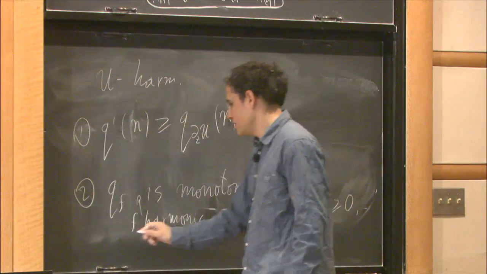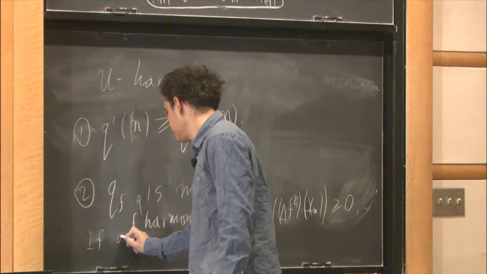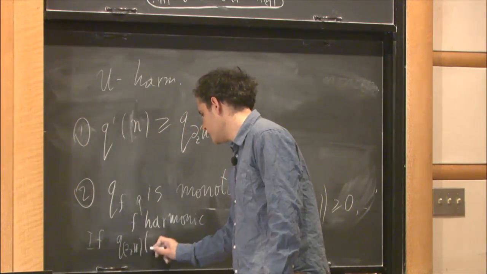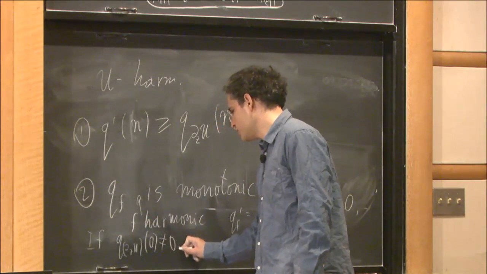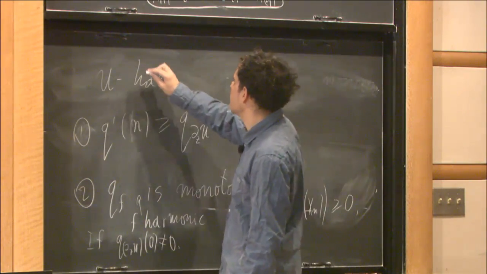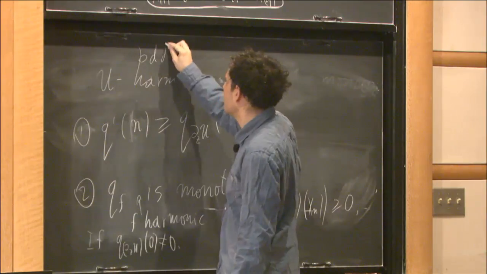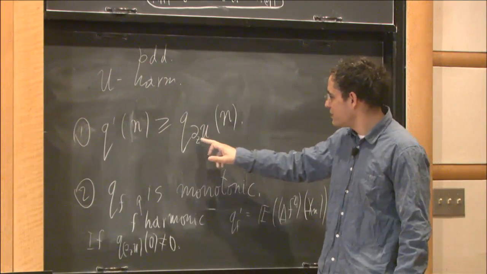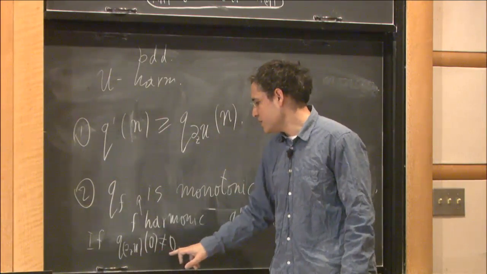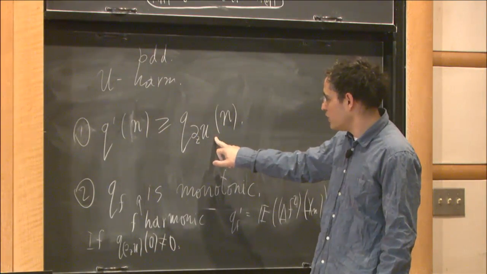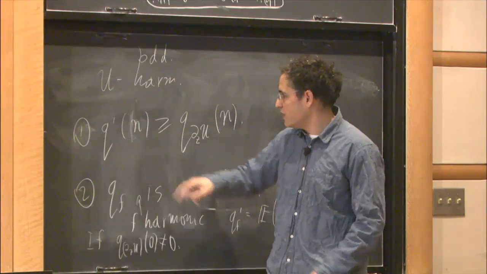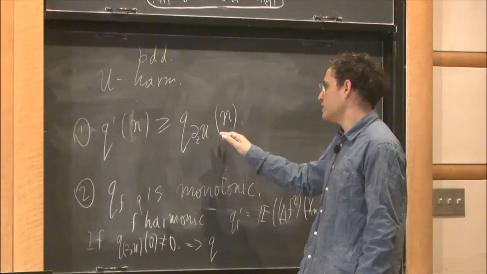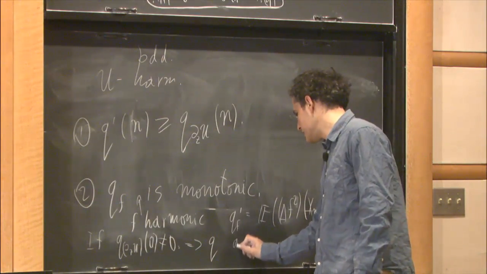Suppose that U is not only harmonic but bounded. A bounded harmonic function, I want to show that it is constant. So if this function at 0 is not 0, since it is monotonic, we get that Q prime is bounded by a constant from below, so Q grows at least linearly.